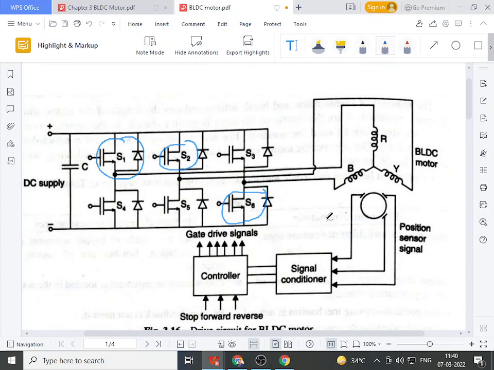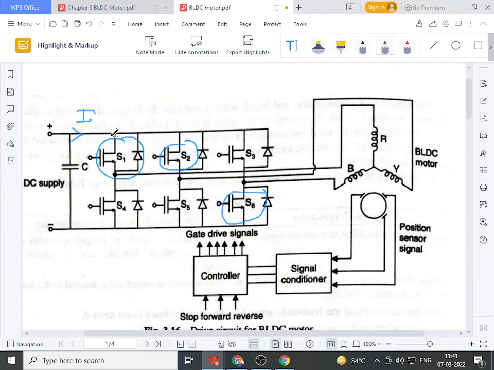Now what will happen? After switching two switches in the upper leg, two windings of stator are now connected to positive of DC supply. So two windings are connected to positive, one winding is connected to negative. If we consider total current is I, then that current gets divided into two halves.